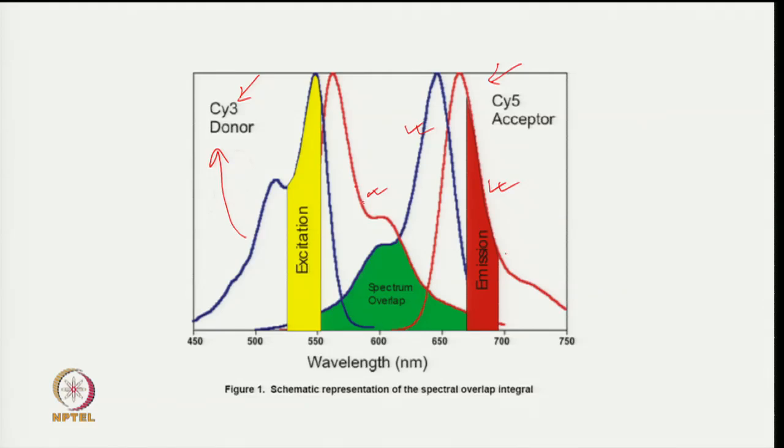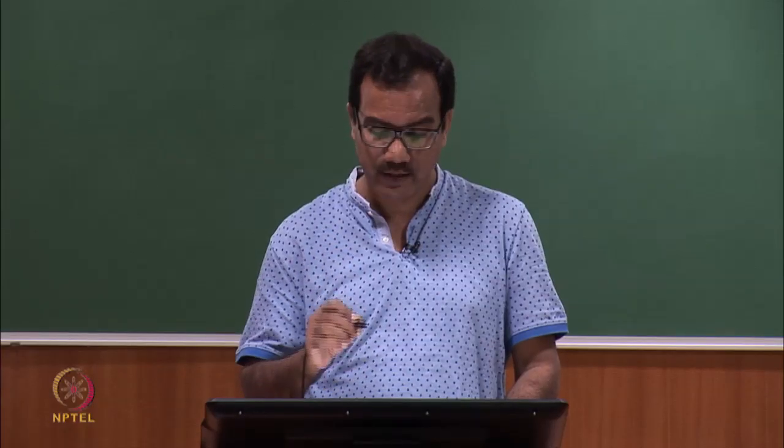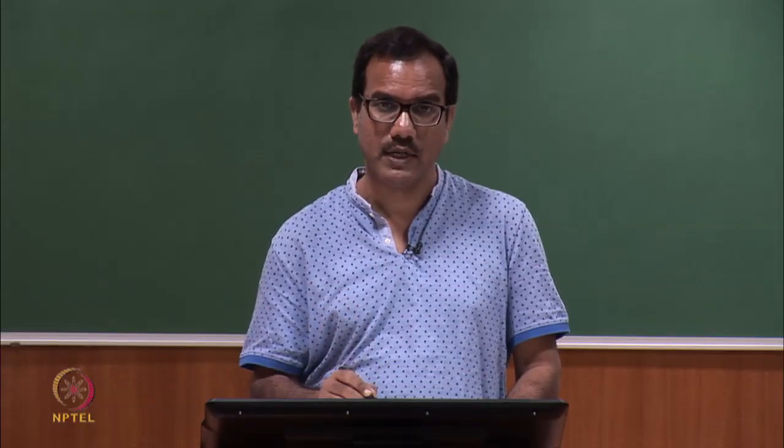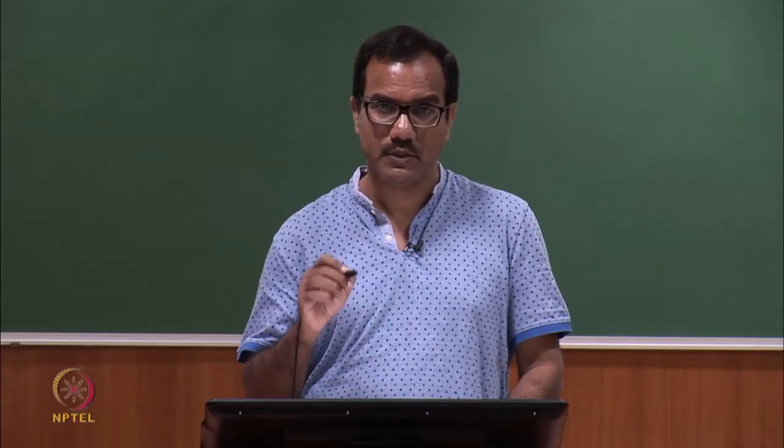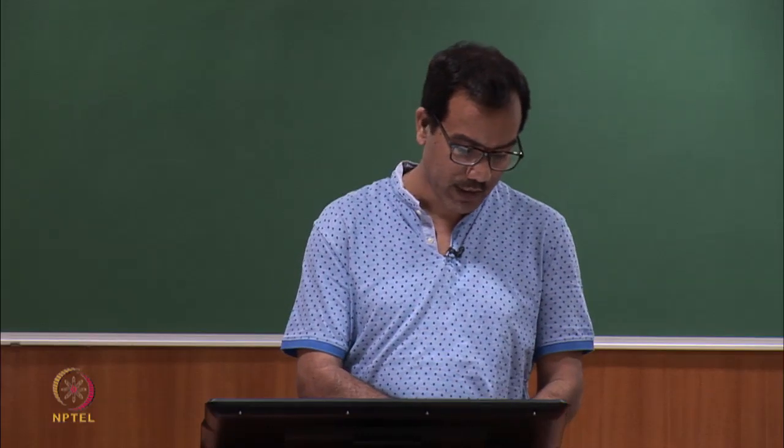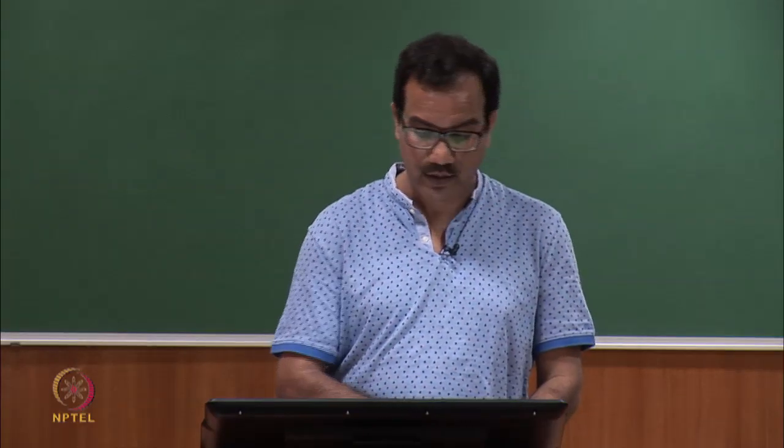So, you can see this is emission of donor and this is absorption of acceptor, and this gives you a spectral overlap, and energy transfer efficiency will depend on the spectral overlap. If the spectral overlap is small, then energy transfer will be small.